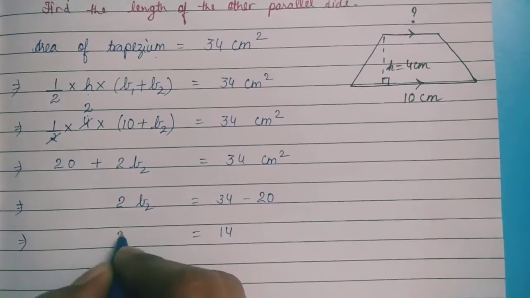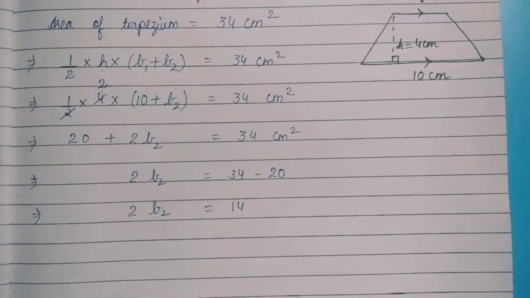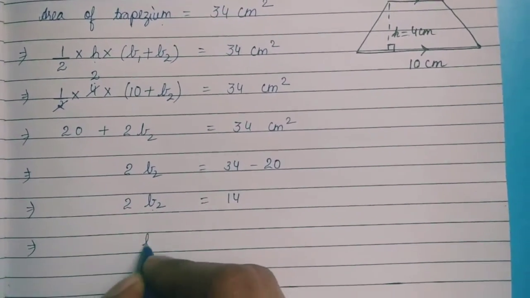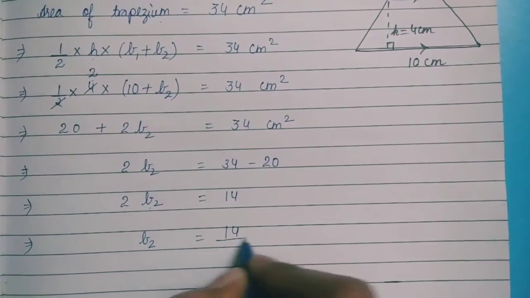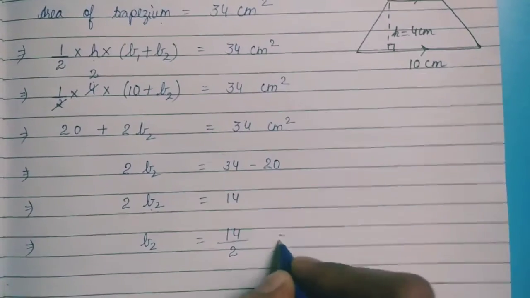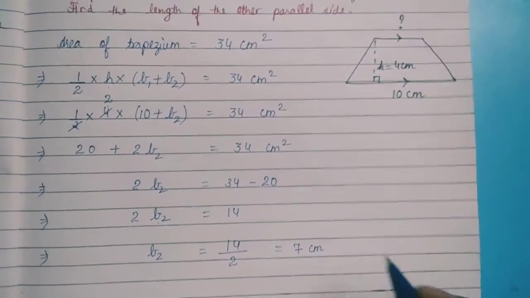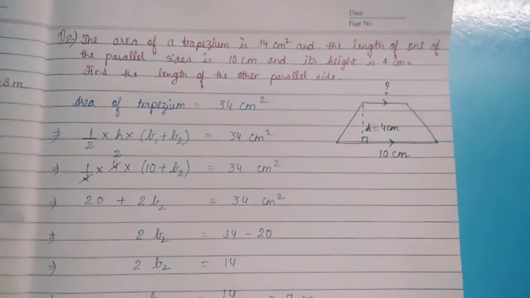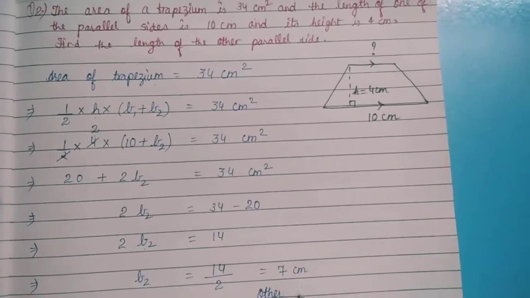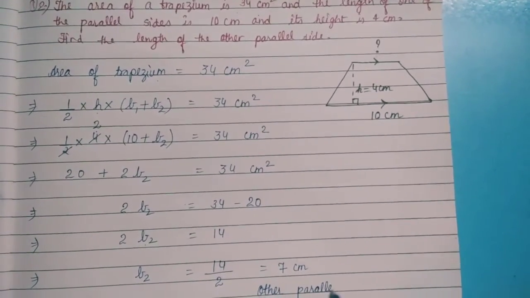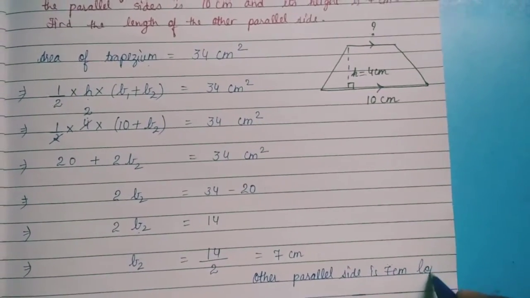With B2 we have 2 in multiplication, so this 2 will go to the opposite side in division and divide 14, giving us 7 centimeter. Hence the other parallel side is 7 centimeter long.